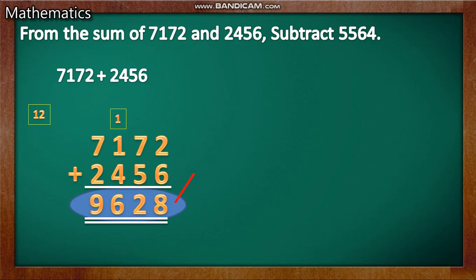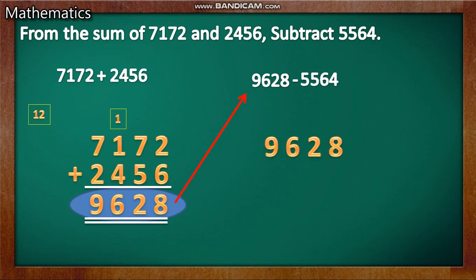I am writing that number: 9628 minus 5564. How can we do that? First step, draw a line. Next we start from the ones place: 8 minus 4 is 4. 8 in your mind, 4 in your hand, 7, 6, 5, 4. 4 is the answer.